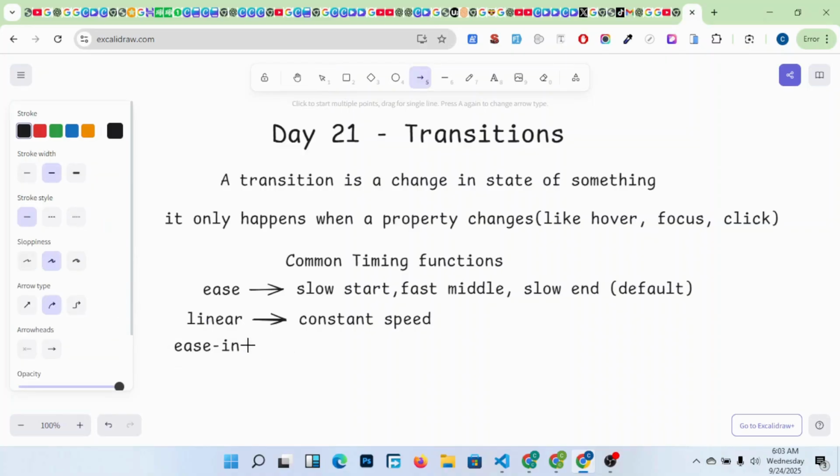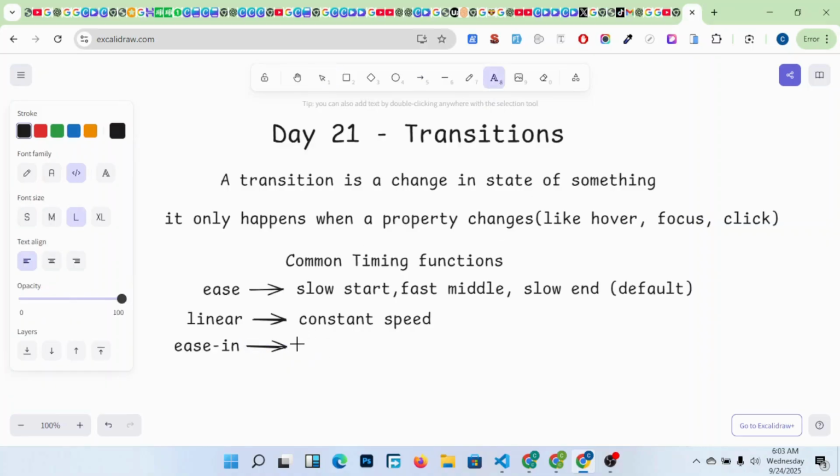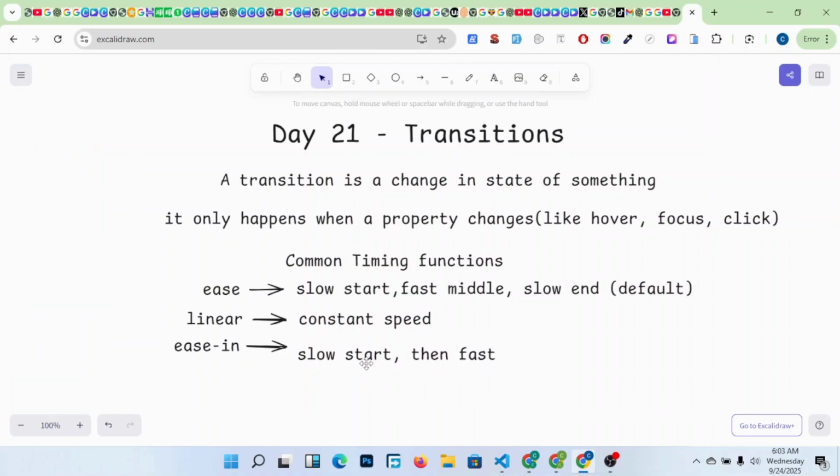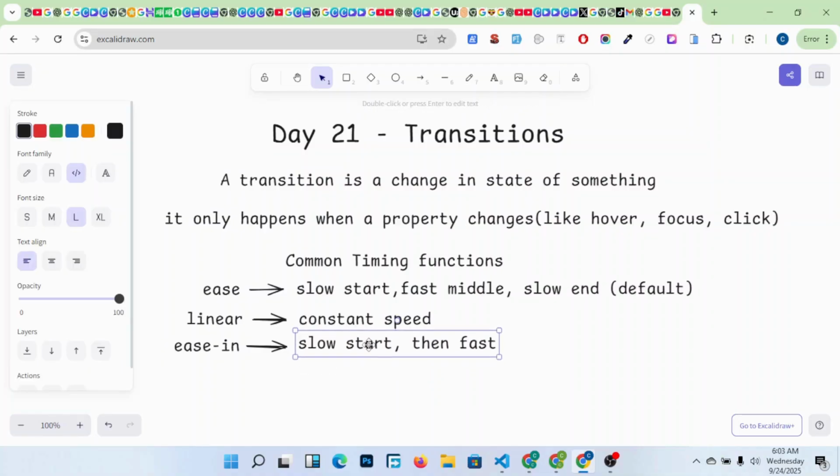Ease-in has a slow start, then fast. Okay. So this is ease-in.